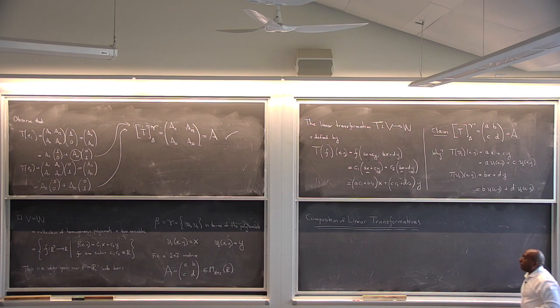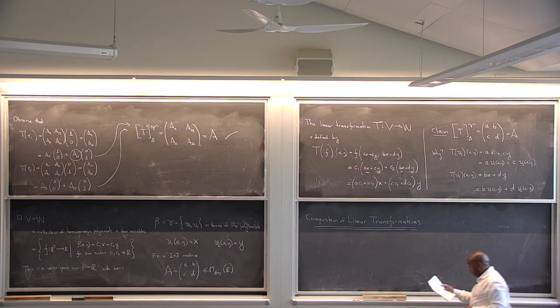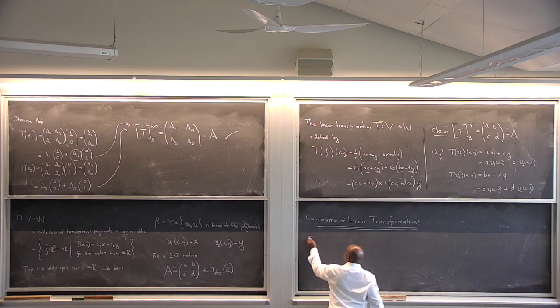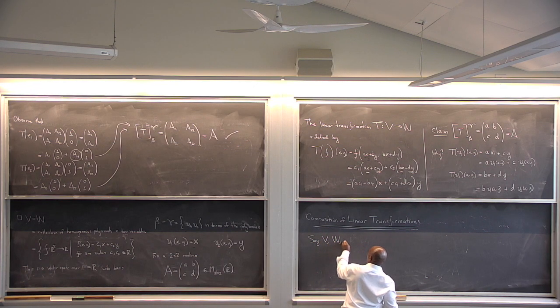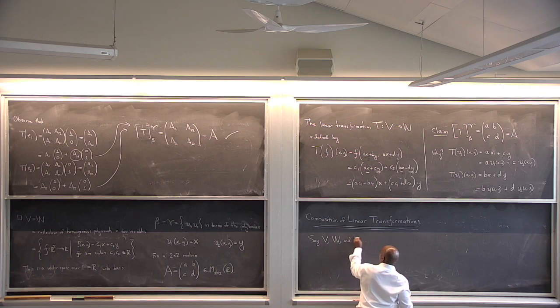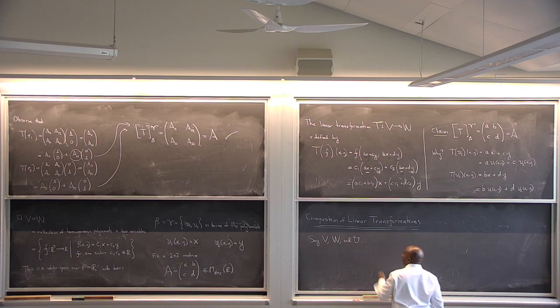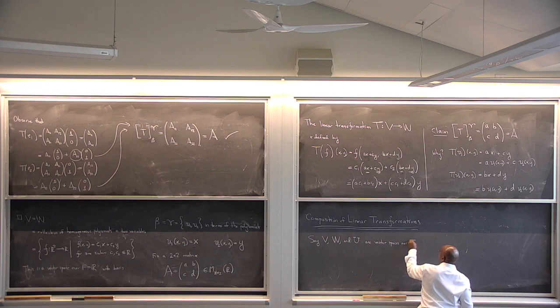Let's say that we have three different vector spaces. Let's say that perhaps V, W, and U are vector spaces over a field F.